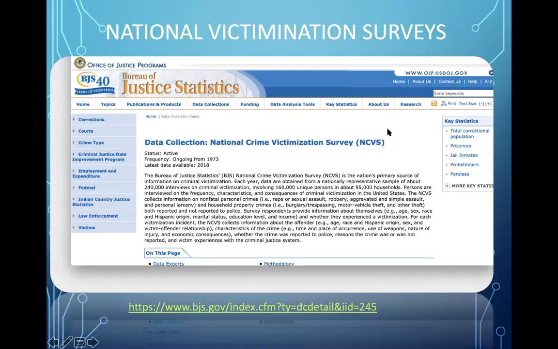We call those National Crime Victimization Surveys. This is a picture of the Bureau of Justice Statistics, and it's NCVS.